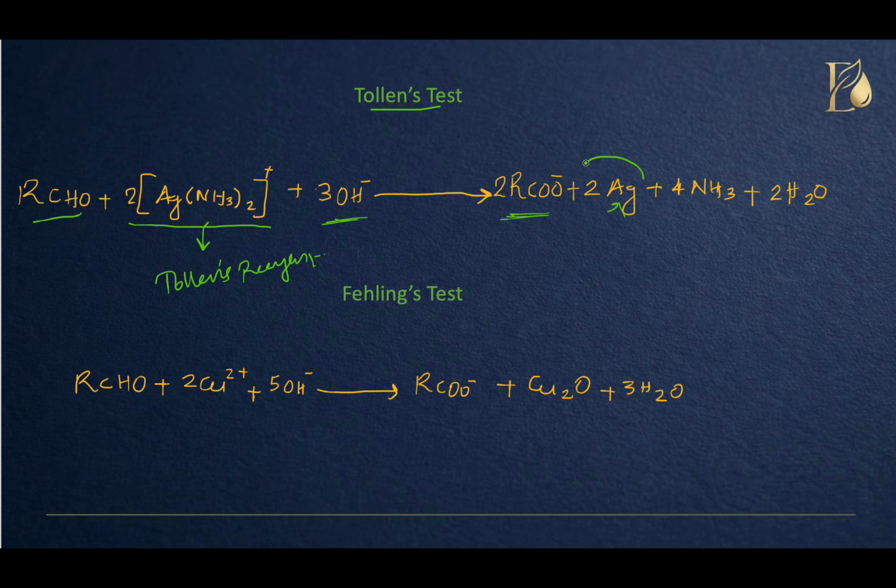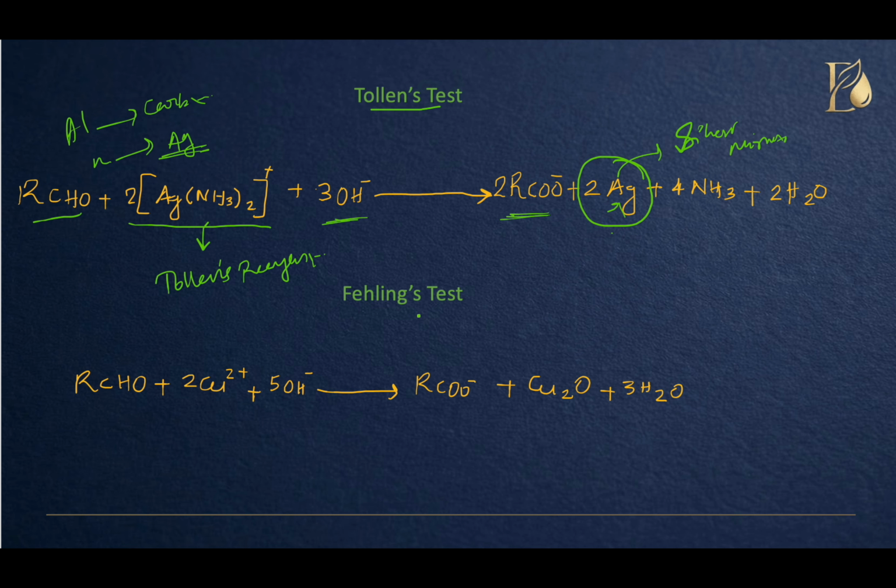Because of the formation of this silver metal, we are getting the silver mirror in Tollens test. So in Tollens test, aldehydes are getting oxidized into carboxylate ion and the ammoniacal silver is getting reduced into silver metal.